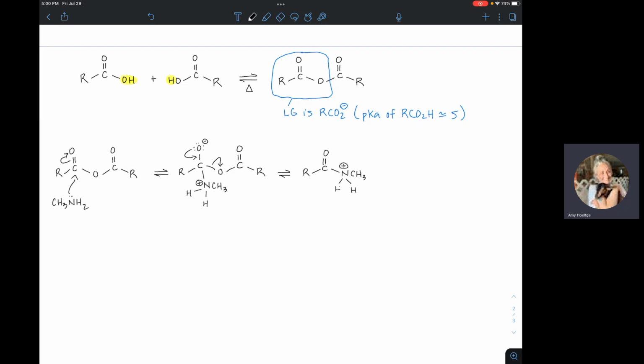Still have both hydrogens on the nitrogen. We have kicked off the carboxylate anion. And these are in equilibrium with each other, right?